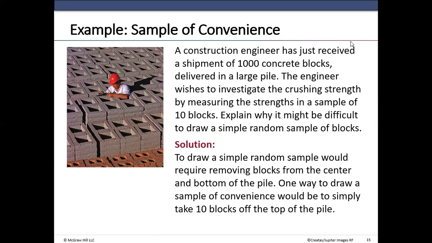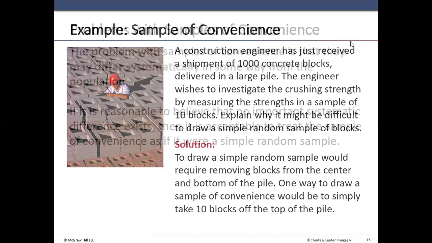So one way to draw a sample of convenience would be to simply take 10 blocks off the top of the pile. The reason is that the blocks on the top are easy to remove and select, 10 of them for study. If the cement blocks are all manufactured in the same way, the sample of convenience can give us a good estimate of the properties of the population.